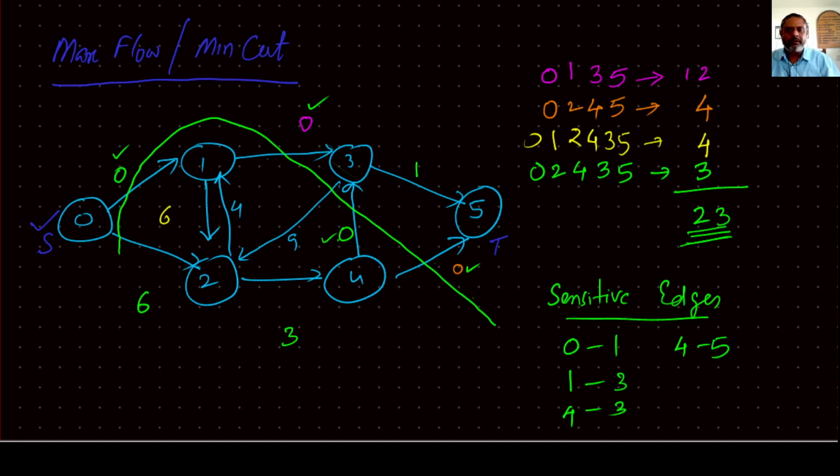So we can say that this cut is sufficient to divide that, and I think 0 to 1 may not be a sensitive edge. Okay, anyway, if you look at it, then this is what we get. Now we need to look at why 0 to 1 is not a sensitive edge. We can just check that.